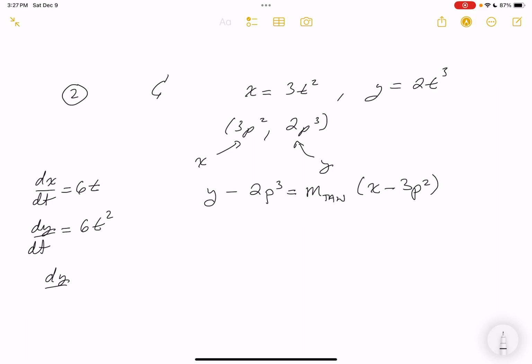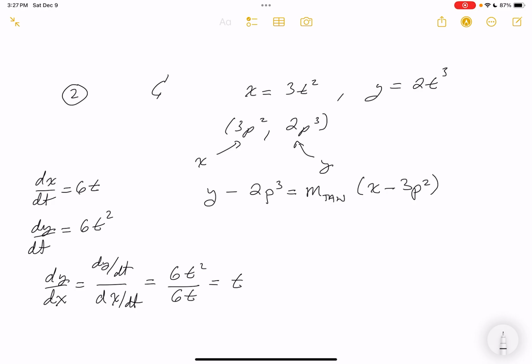So dy/dx is going to be dy/dt over dx/dt. What are you going to get there? It's going to be 6t squared over 6t. And what do you get there? You just get t, right? The slope is just t.